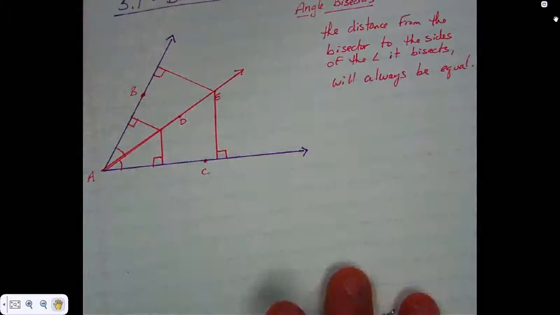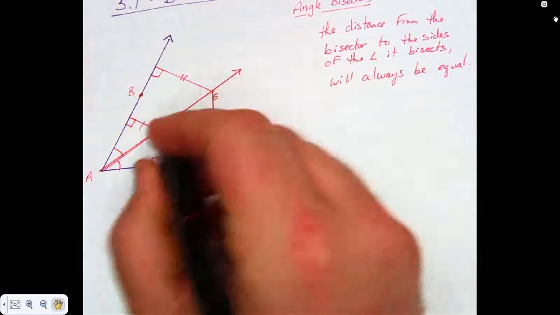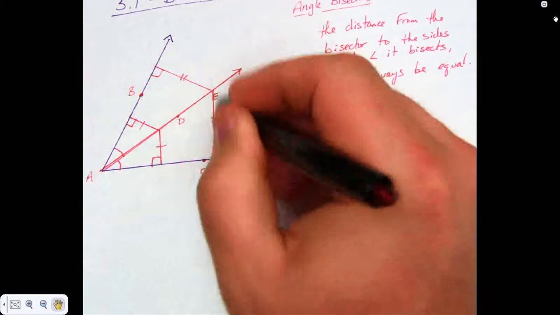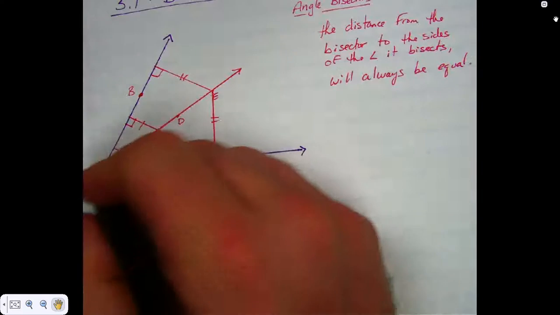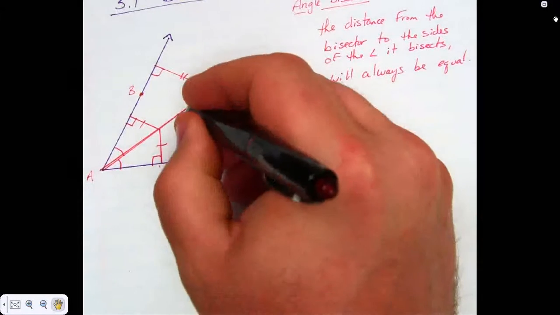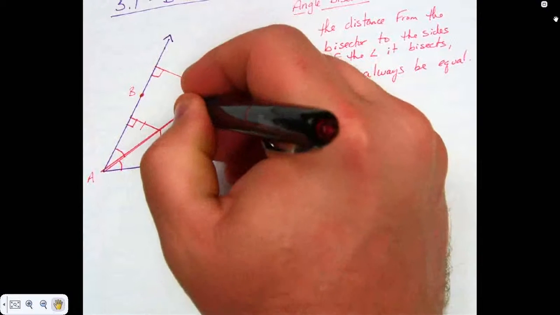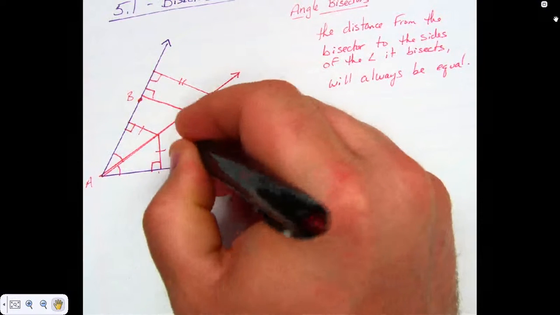What happens is from any point on this bisector, the perpendicular distance to each side is the same. So if I know this line bisects this angle, any perpendicular distance I draw from that point, what are they going to be?